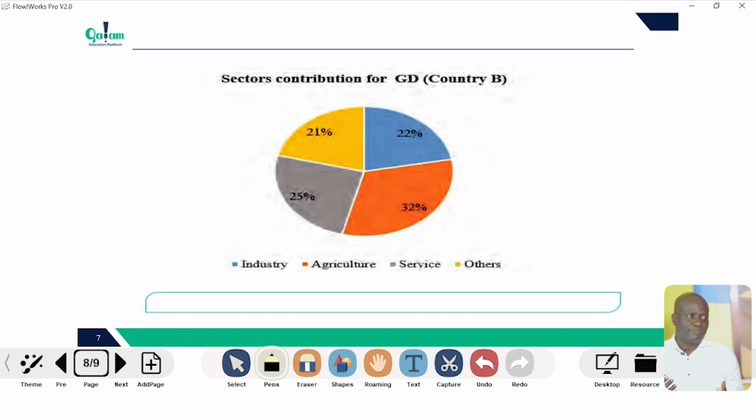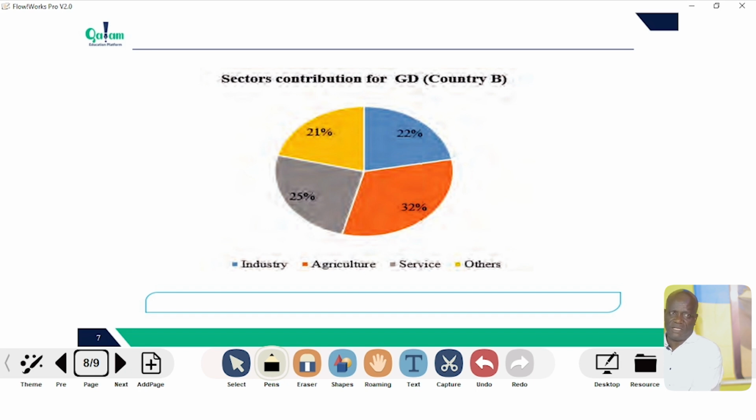Okay, so this shows clearly that you can now compare the two countries and be able to make a very good comparison, and this is what we have seen.